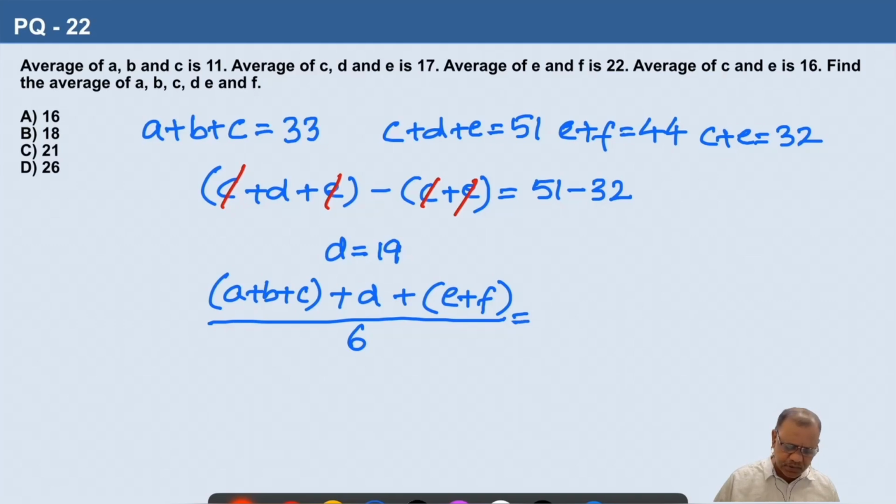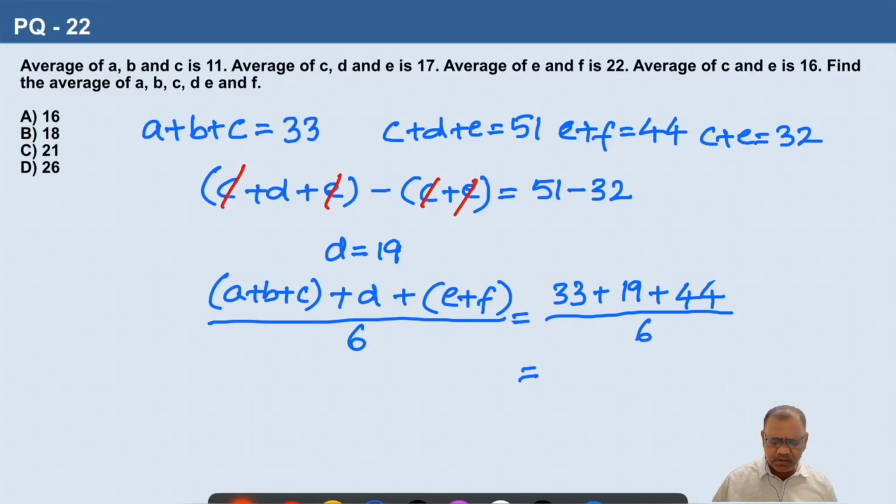So ABC total is 33, D is 19, E plus F is 44. So divide by 6. So this is 33 plus 44, 77, 77 plus 19, 96 by 6.